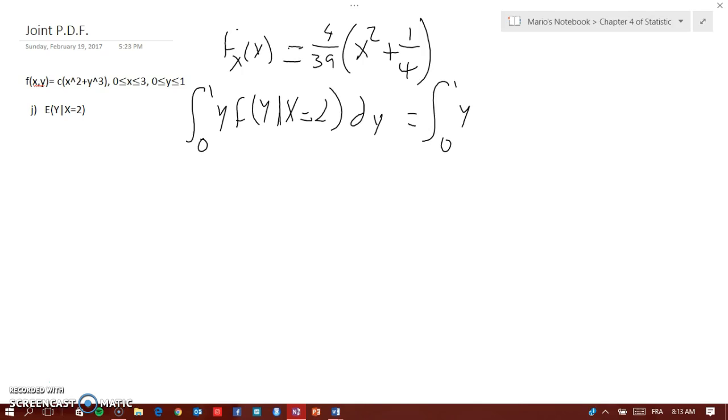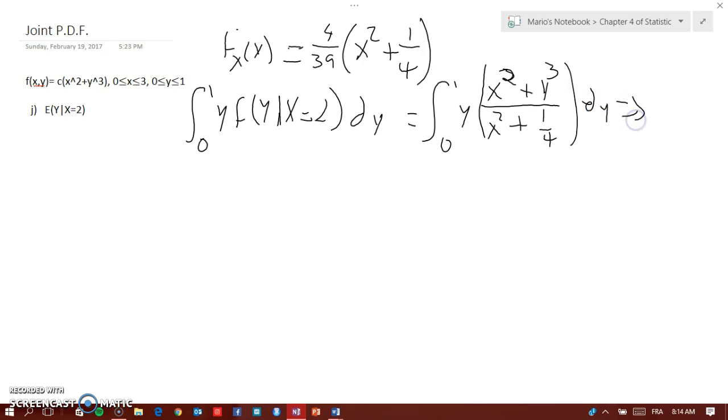So that will be x squared plus y cubed over x squared plus 1 over 4. This is the conditional of y, and then dy.